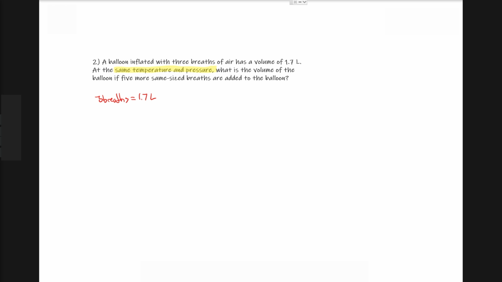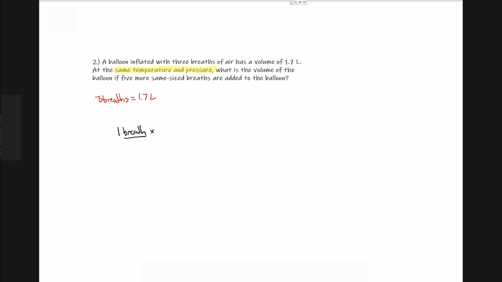But if you're a little bit confused, the best way to get to the bottom of any problem is to use the stoichiometry and conversion factors. So we can get to the end of this problem by using conversion factors. We can say that in one breath, times that by, we have breath here, right?